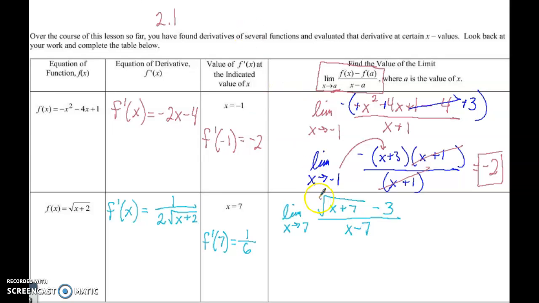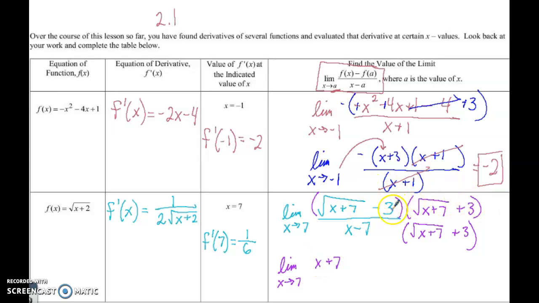So we would go through a similar process that we did before in chapter 1, where you'd multiply top and bottom by square root of x plus 7, plus 3. So as you FOIL the numerator, the square roots go away. So we're looking at x plus 7. Outside is positive, inside is negative, so they cancel. Negative 3 times 3 is 9.